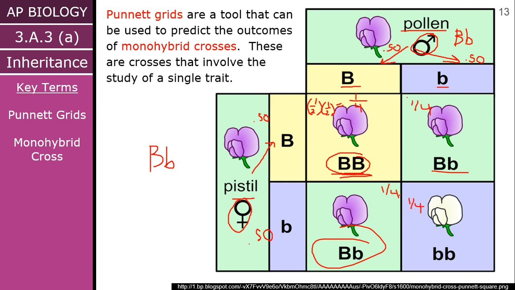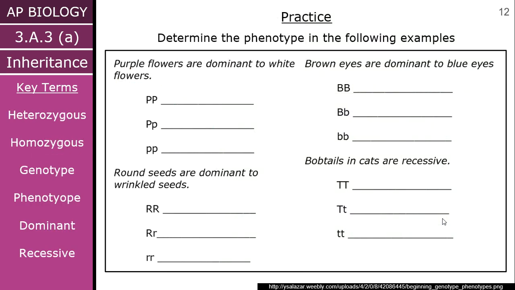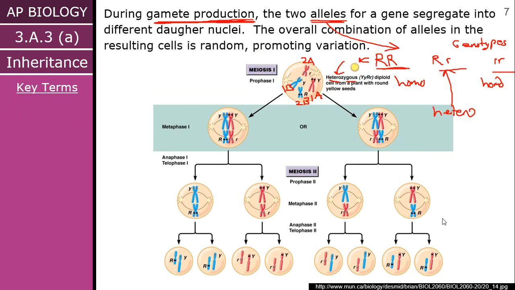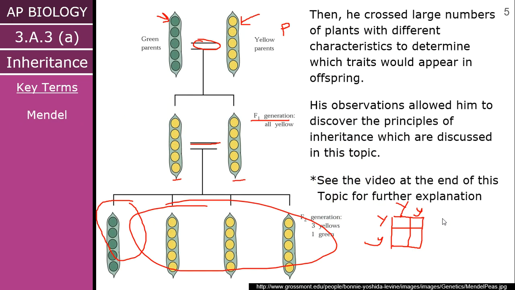So 1/2 times 1/2 leads to 1/4. So a quarter of the time you're going to have white flowers in your children between these two parents. Okay, so there are 3 times as many purple flowered children as there are white children, and that is going to become very, very important.